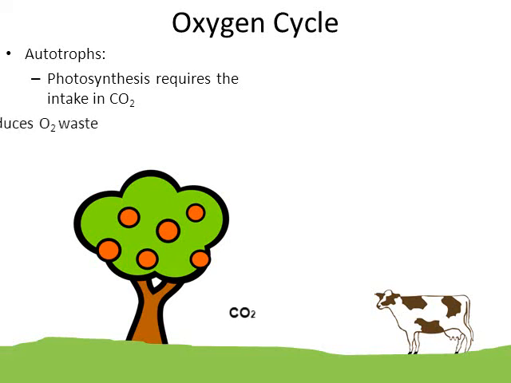They will use that carbon dioxide to produce their food in the process of photosynthesis. And as a result, they will release oxygen as a waste. The oxygen simply exits through the stomata when they're open and accumulates in the atmosphere.